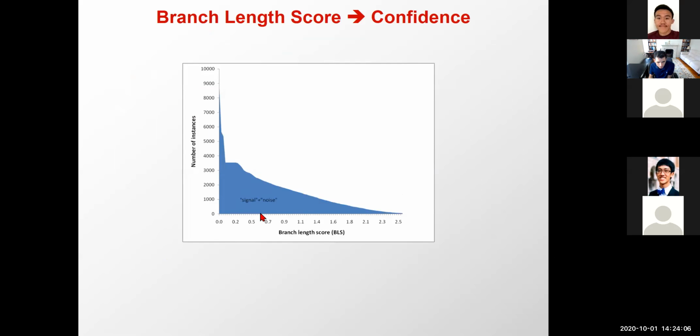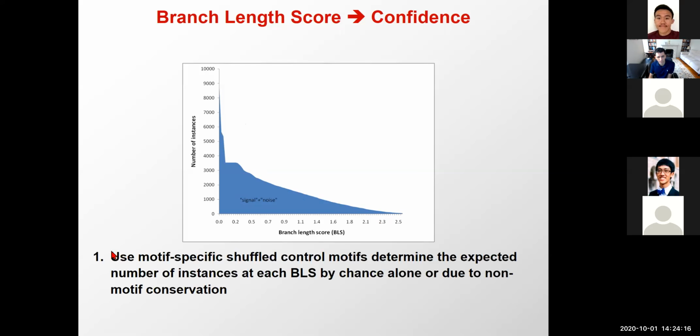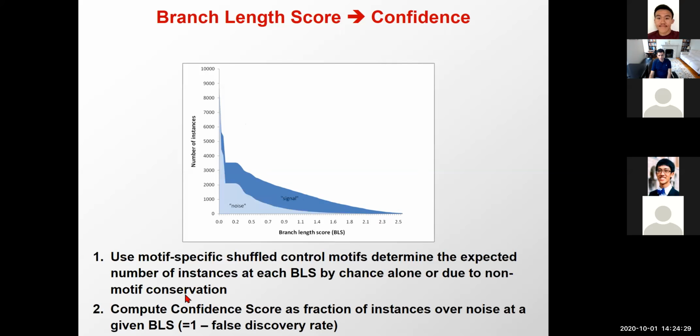At increasing branch length scores, I have decreasing numbers of motif occurrences that achieve that score. And we can use the motif-specific shuffled controls to determine the expected number of instances at every branch length score due to chance alone or due to non-motif conservation. So this gives us this light blue curve here, which is the noise.